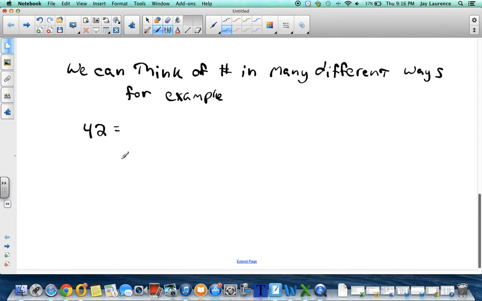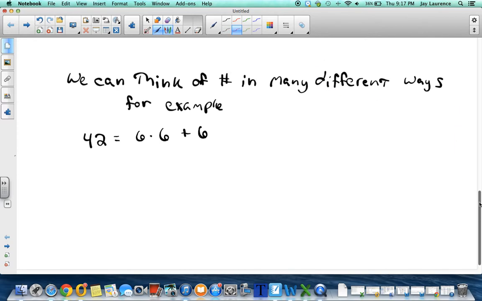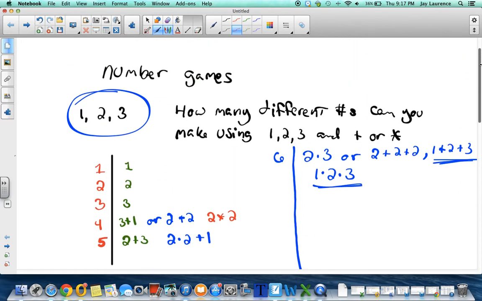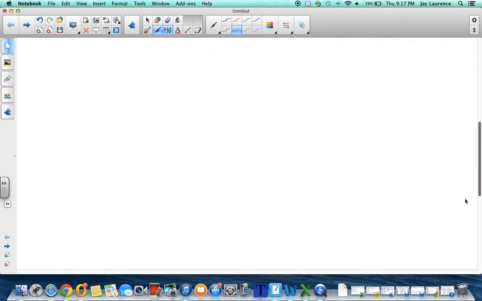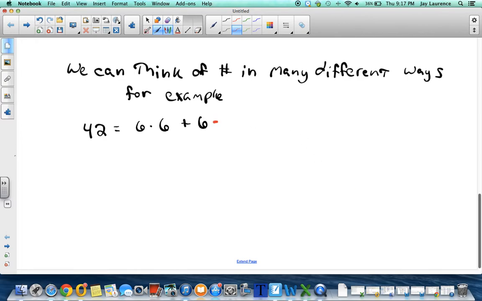For example, 42. I might think about 42 as 6 times 7. Or I could think about it as 2 times 21. But there are way more ways to think about it. For example, I might say it's 6 times 6 plus 6. But if you saw the example above, we know that 6 can be thought of as 1 plus 2 plus 3. So therefore, that means 42 might be thought of like this.